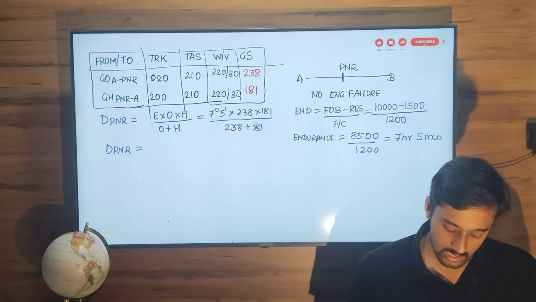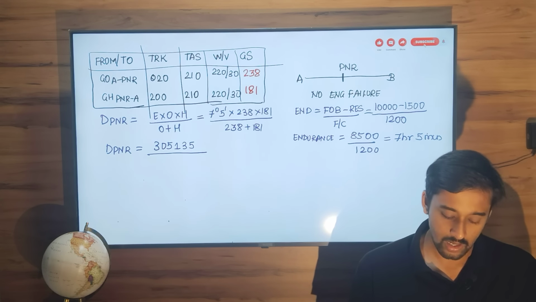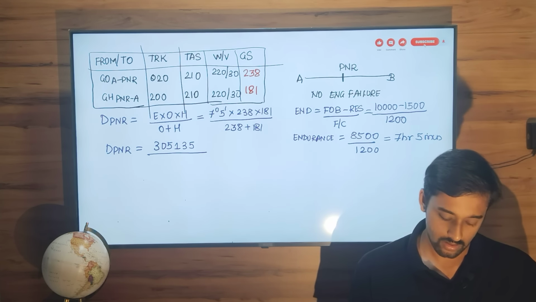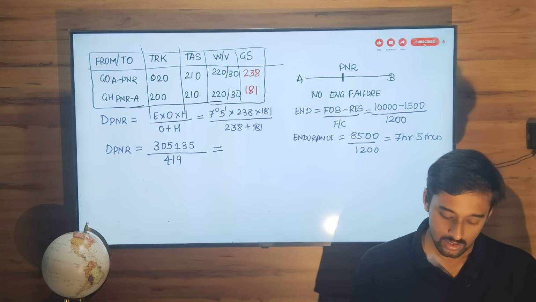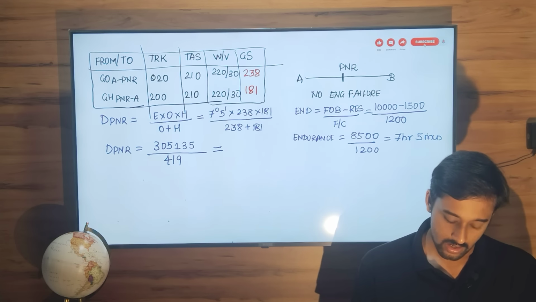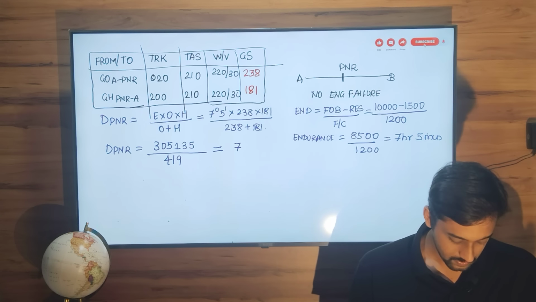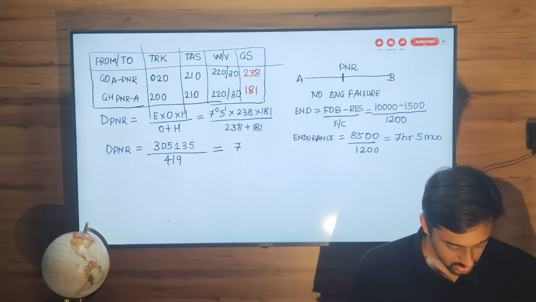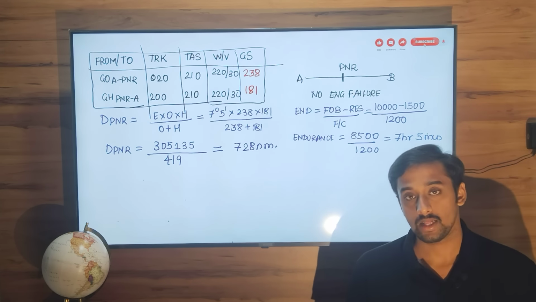So that is equal to 305,135 divided by 238 plus 181, 419. 305,135 divided by 419 equals 728. So distance to PNR equals 728 nautical miles.